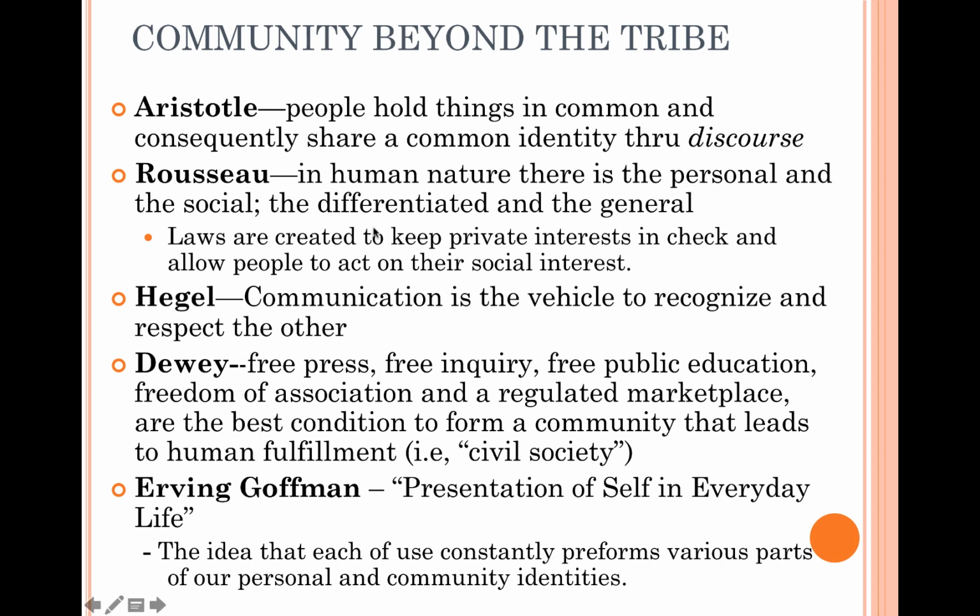society make things possible. So, for example, he recognizes that at that point laws are being developed to help keep private interests in check, to allow people to go out into the world and act in social types of ways. So laws, for example, just to keep people from being lawless.